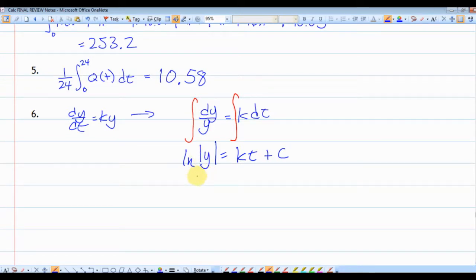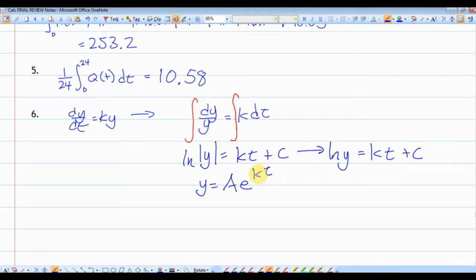Therefore, the natural log of y is equal to kt plus c. Exponentiate, and you get y equals a e to the kt. Please don't ask me why it's a and where's e to the c. That's all review. I hope you remembered how to do that.